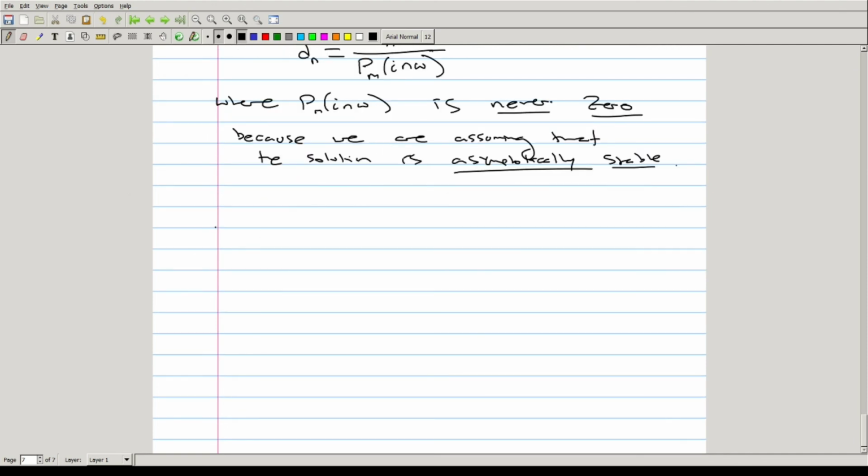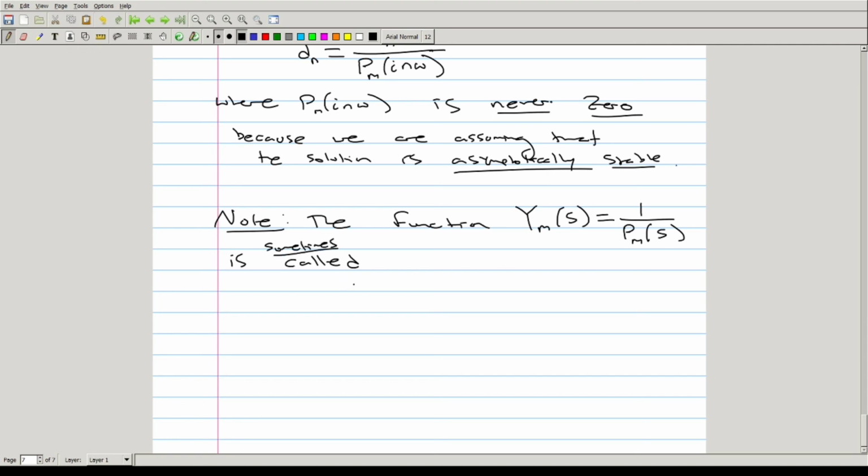Important thing to note here, the function Y_m of s, which is 1 over p, the characteristic polynomial at s, is called the transfer function. I should say sometimes called that in certain literature.